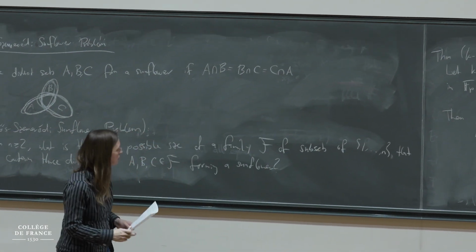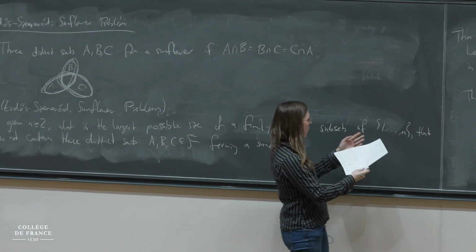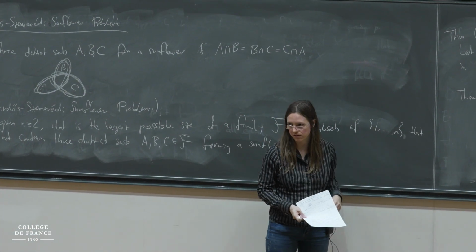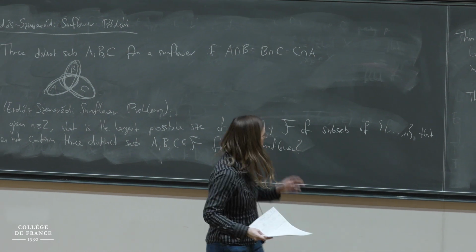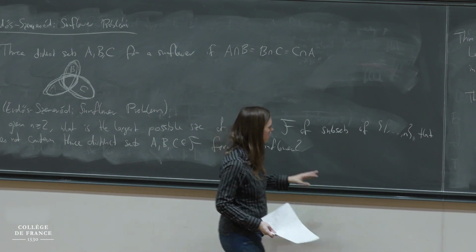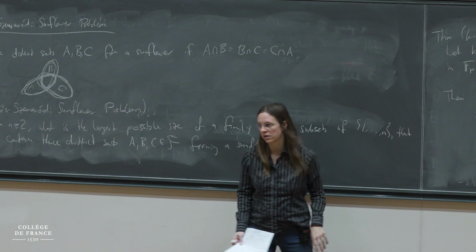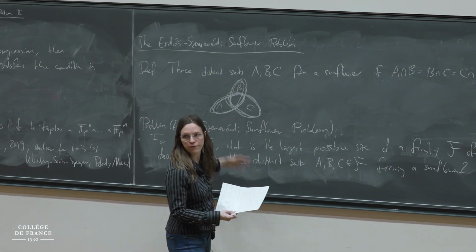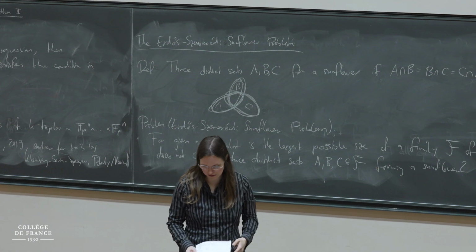So again, you start with this ground set, and now your universe is all subsets of this ground set. And from that universe, how many things can you pick? How many subsets of that ground set can you pick under the constraint of not picking three sets forming a sunflower? So that's the question.